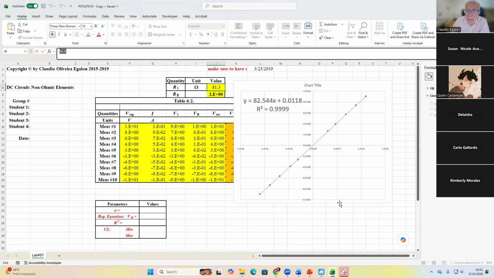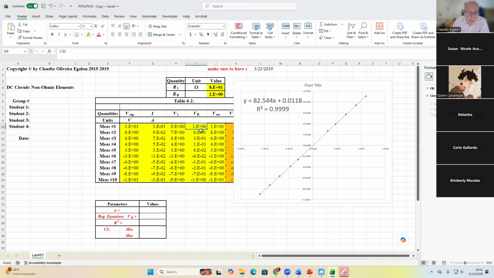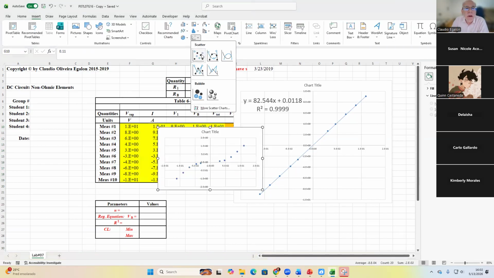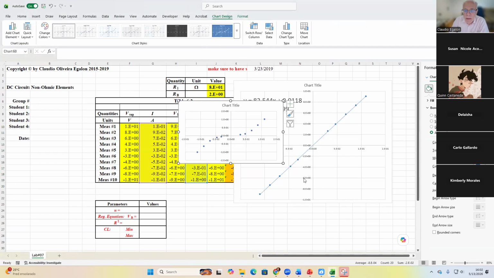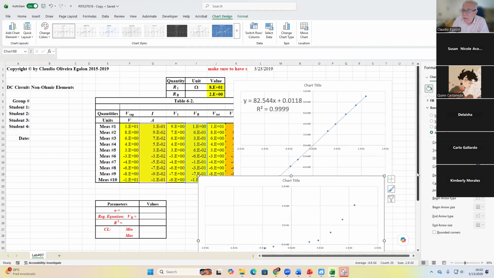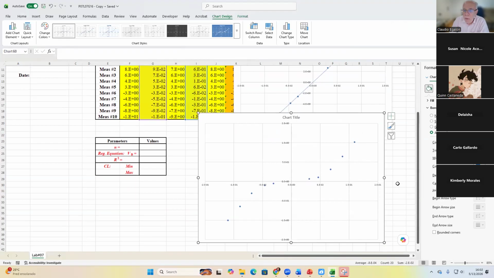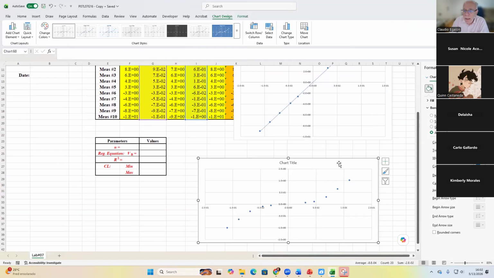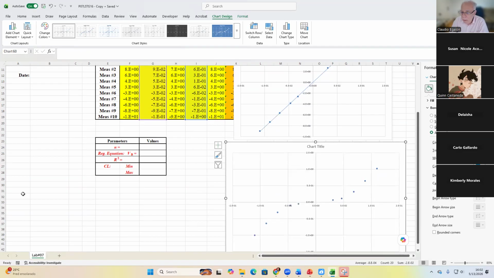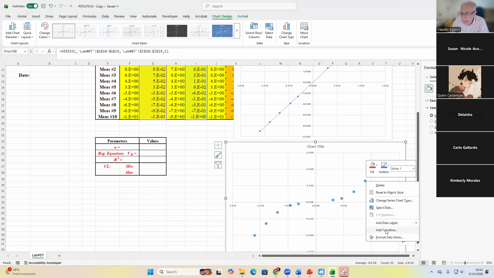Not bad, right? Now, what's going to be a little bit surprising for you is whenever we plot VB against I. Insert. As you can see, this is not a straight line. It's more like a hyperbolic third order polynomial. Right click, add trend line.